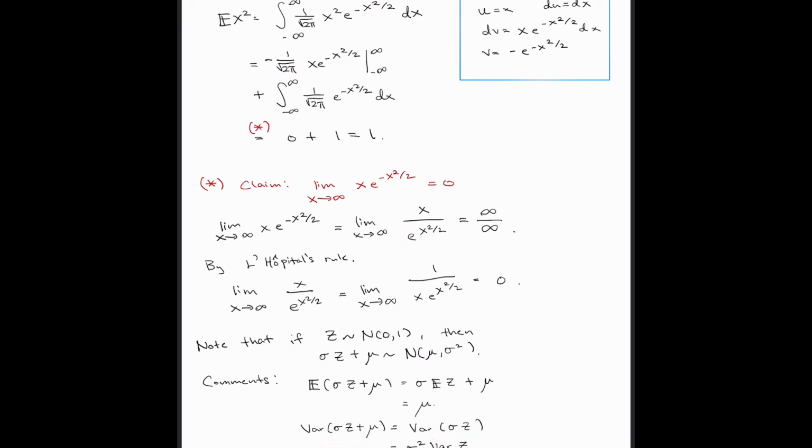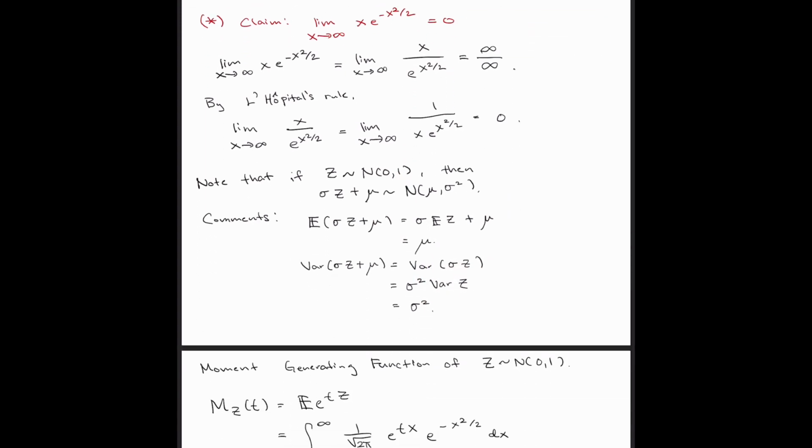So the constant doesn't add any variability to this random variable because you're just shifting it, right? So this is the variance of sigma z, but again, by the property of variance, if you have the variance of a constant times a random variable, then it's the constant squared times the variance, right? But the variance of z is 1. So this is sigma squared.